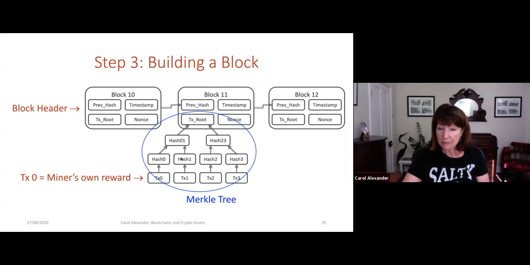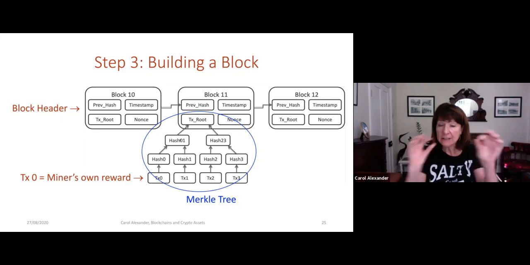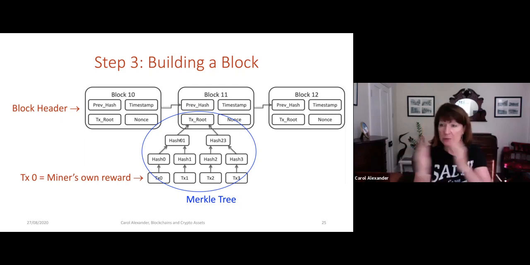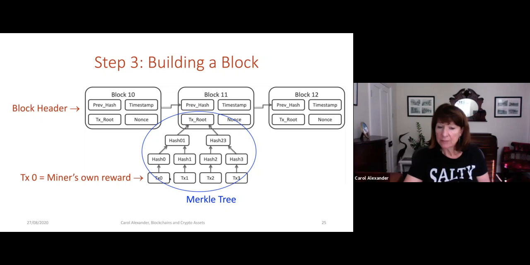Take the hash of that with one of the transactions, and pair and pair and pair until you hash 2, 2, 2, and you get back to just one final hash which contains all the transactions, called the transaction root hash. And this is unique to the miner because different miners have different signatures. So this TX0 will be different for every miner. Even if by chance all these transactions are identical for 2 miners, this transaction root is unique to the miner.